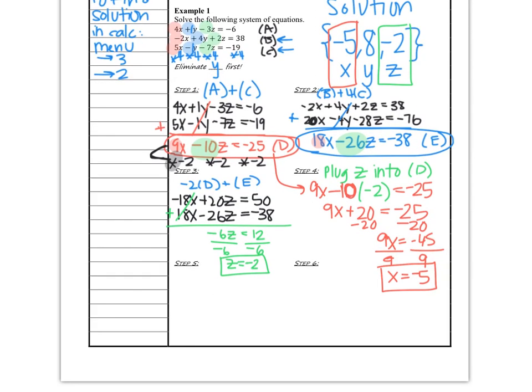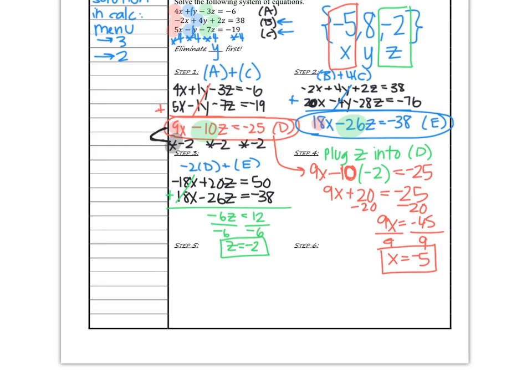Now we got to plug z and x into equation either A, B, or C. Totally your choice again. So now we're going to go plug. You don't have to write this piece down, but this is just for me teaching you.